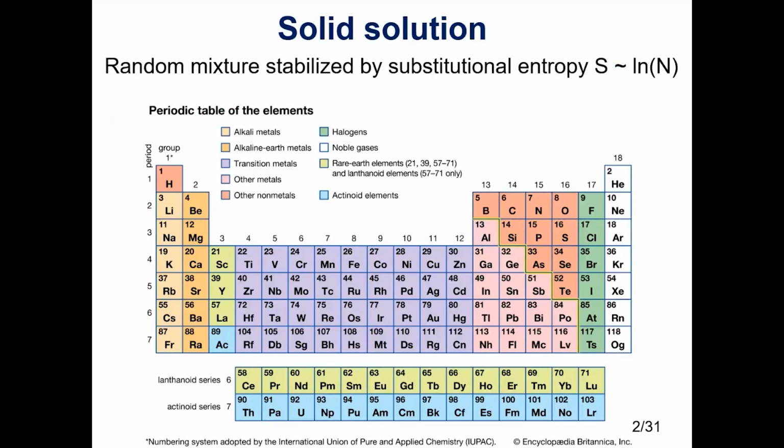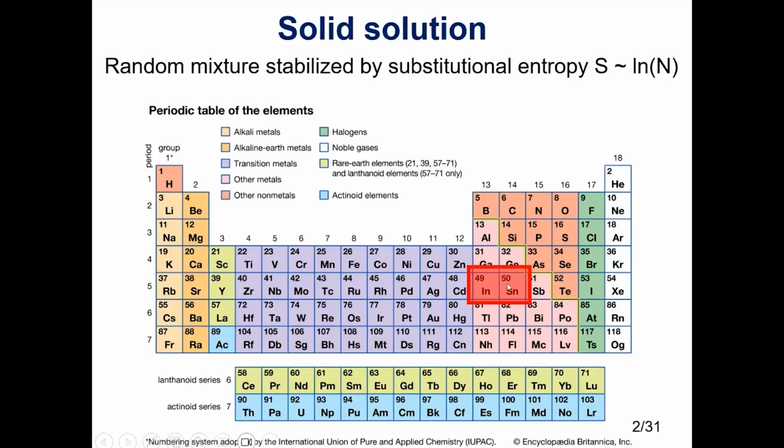Okay, so first, let's think about solid solutions. Solid solutions are random mixtures of different elements, and these mixtures form single phases that are stabilized by the entropy of the substitution of one element for another. These solid solutions occur most readily when we have combinations of elements that are chemically similar so that they can substitute for one another, such as, for example, the combination of indium and tin.